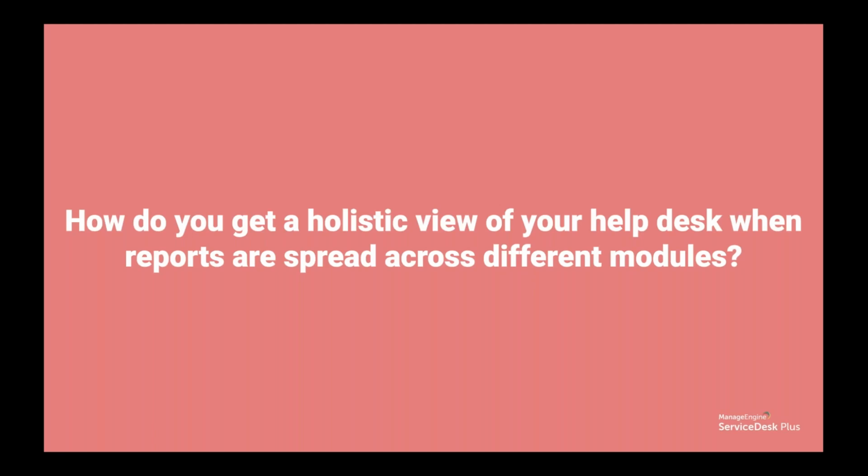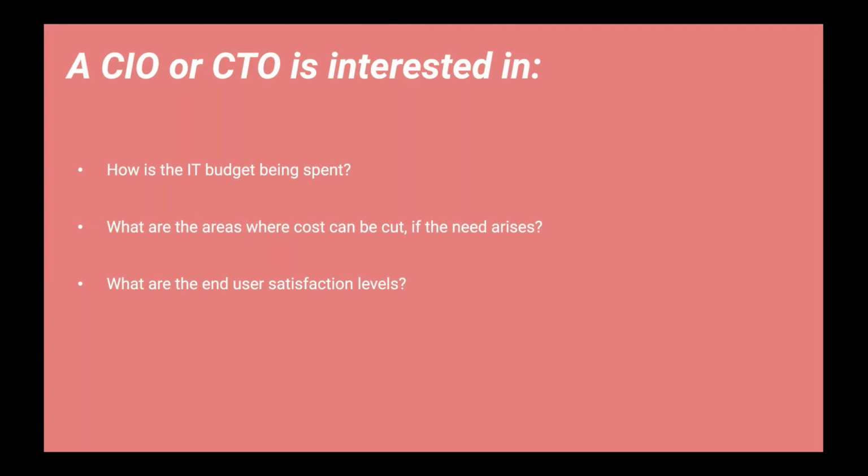And this is a very crucial aspect that we should all be aware of, because someone like a CIO is going to want answers to questions such as how the IT budget is being spent, and what are the different resources on which the IT budget is being used.